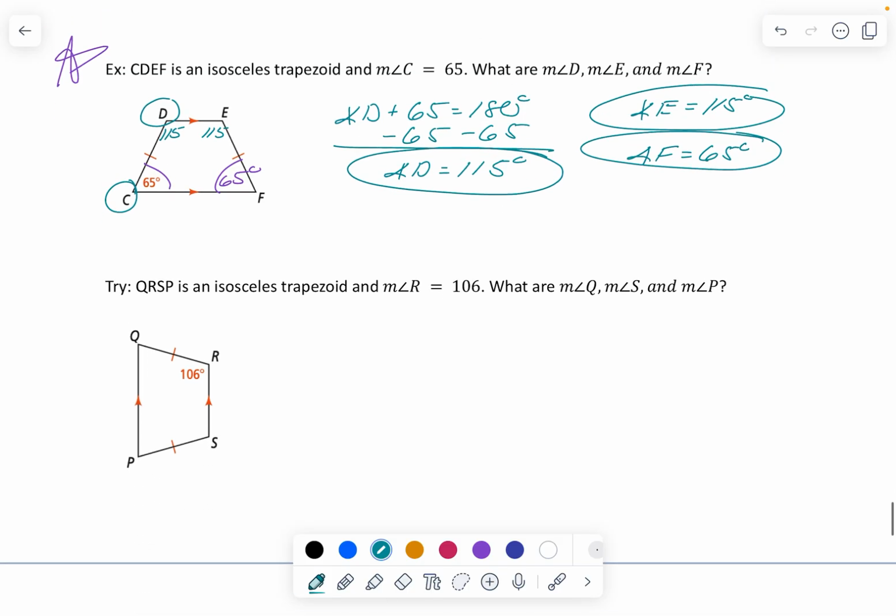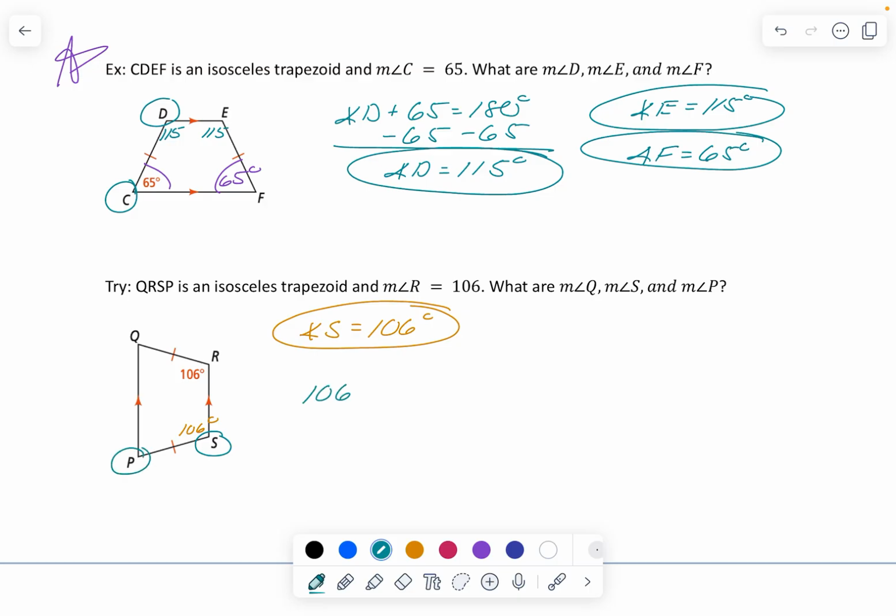This one here will be similar. This will be 106, the same as the other top angle. The two big angles will be the same, so angle S equals 106. Now, remember that a small and a big together equal 180.